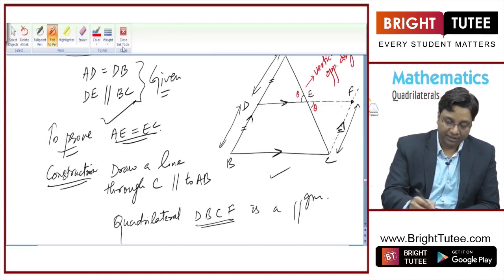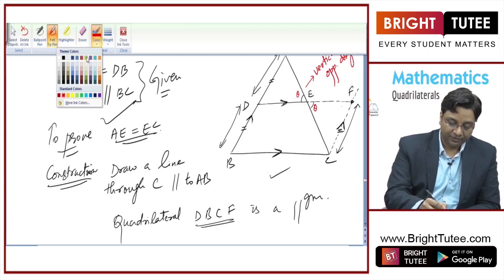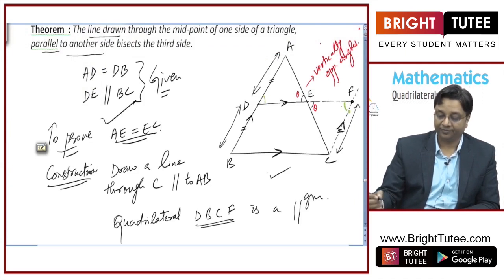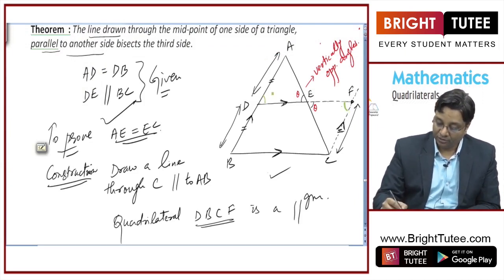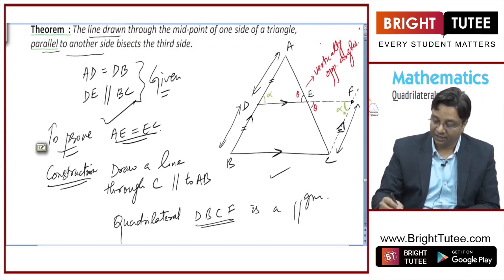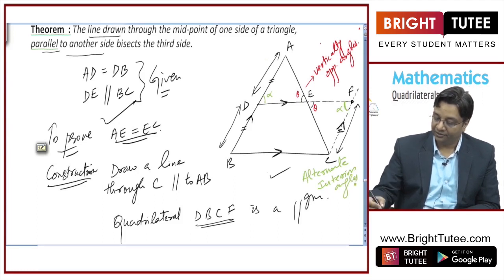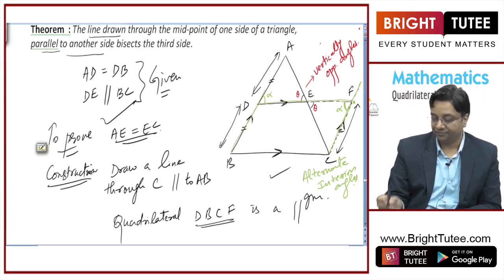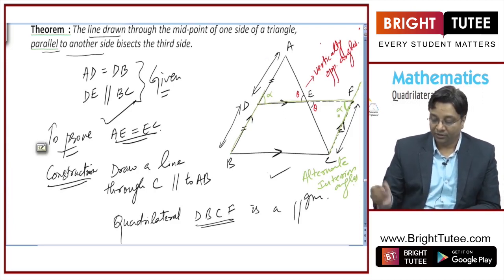What can you say about this angle here and this angle? These are also equal. Why? Because these are alternate interior angles, because this line is parallel to this line by construction and this is a transversal. Okay, so these two angles are equal.